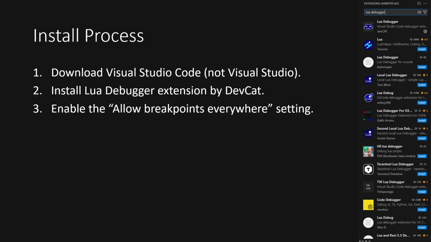Then you need to install the Lua debugger extension by DevCat, and definitely not any of the other hundreds of Lua debug extensions that appear when you search for this. It needs to be the one by DevCat. Some of the other ones, if you have them installed, will interfere with the functioning of that one. So, of course, don't do that, because why would anybody do that? It's the one by DevCat.